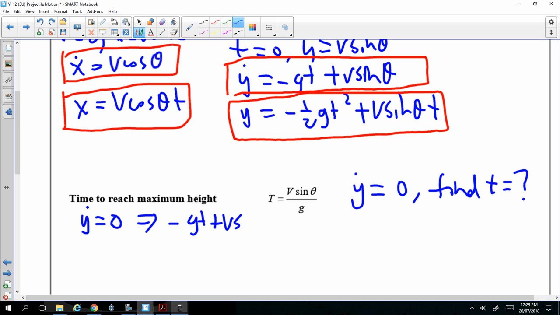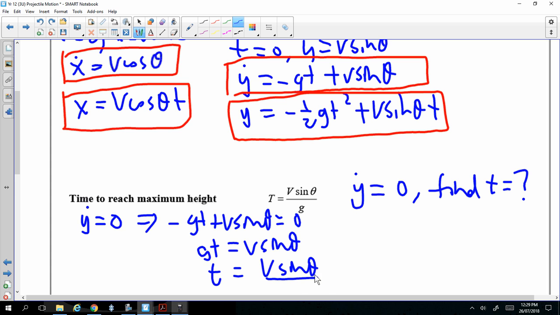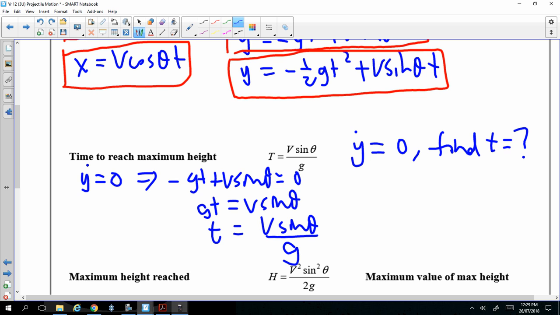To differentiate from the variable time, we'll call the time to reach maximum height T_H, the time it takes to reach the maximum height. That's the derivation.